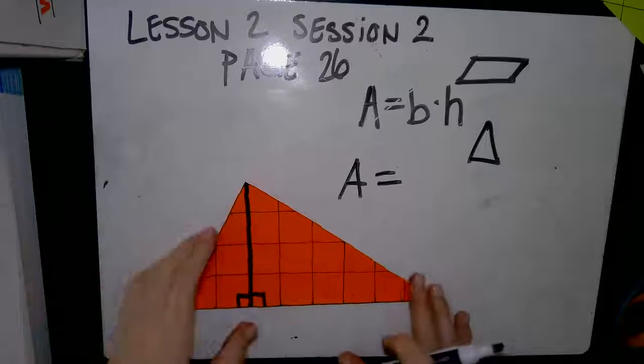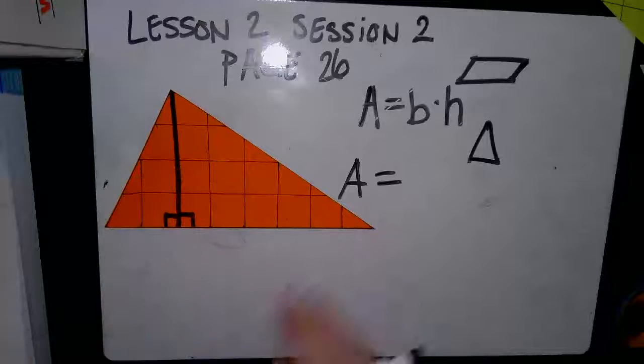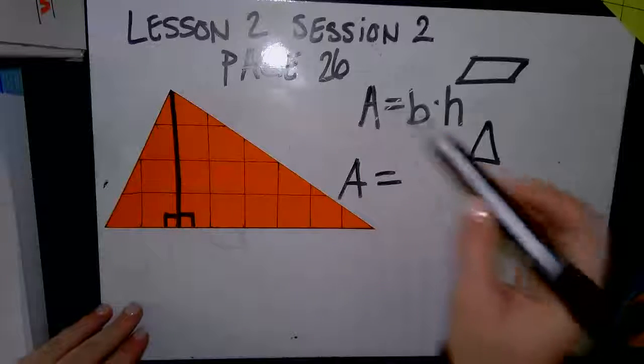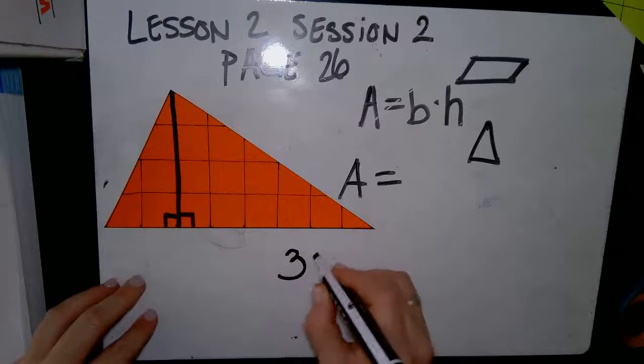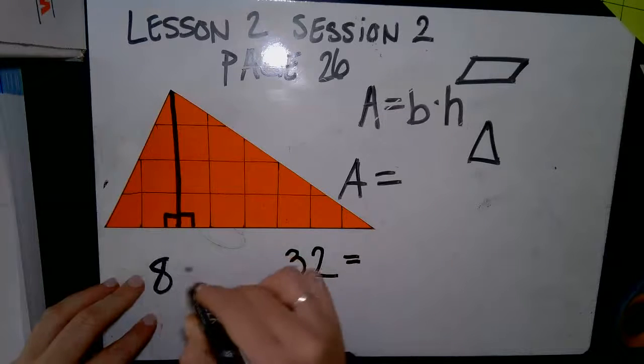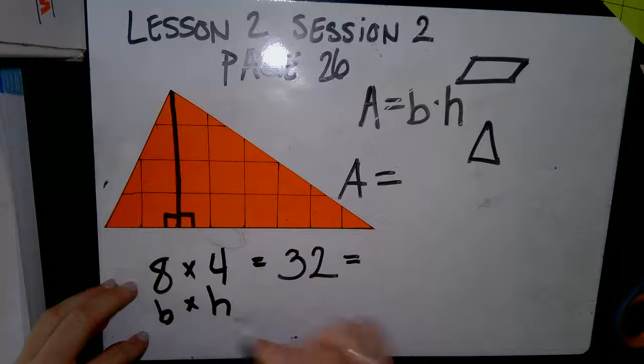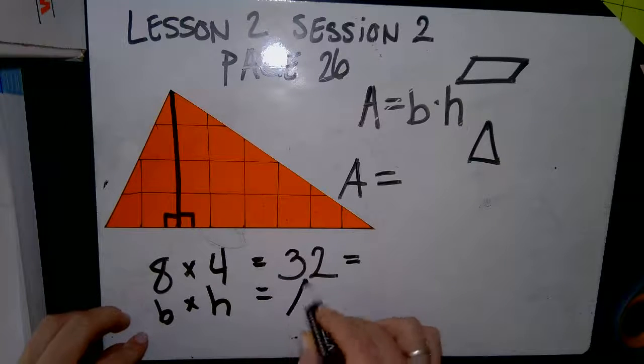Okay, so we just talked about how the area of the entire parallelogram would have been 32, which I got by doing 8 times 4, or base times height, which gave me area.